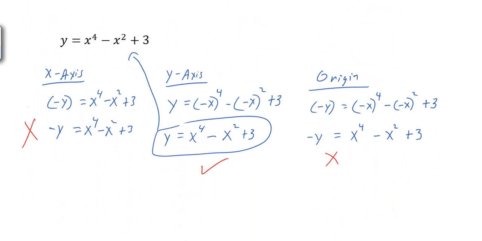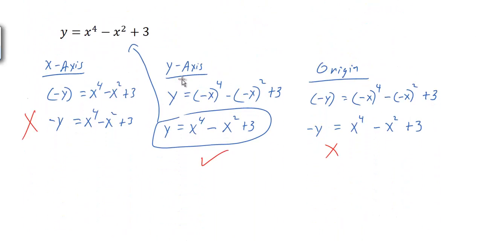And then if you notice here, we had symmetry with the y-axis. Notice here, all of your x variables are raised to an even power. If one of these exponents on the x was odd, then it would not be symmetric, because if you take the negative raised to an odd power, you're going to end up with a negative.